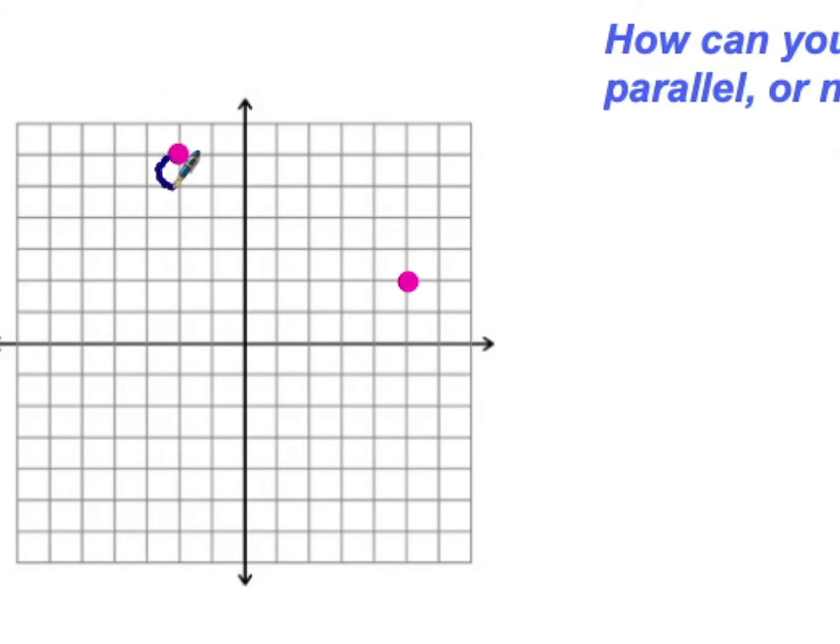If you have a nice graph like this, it would be pretty easy just to count the boxes. I could see that I'm coming down 1 box, 2, 3, 4 boxes down for a -4 in rise, and the run is 1, 2, 3, 4, 5, 6, 7 to the right, which I would consider to be a +7 since it's going to the right.